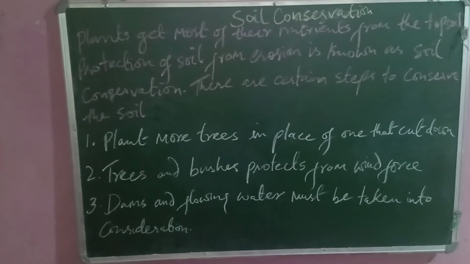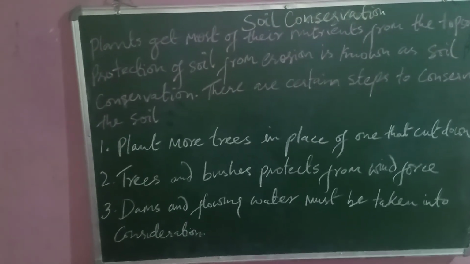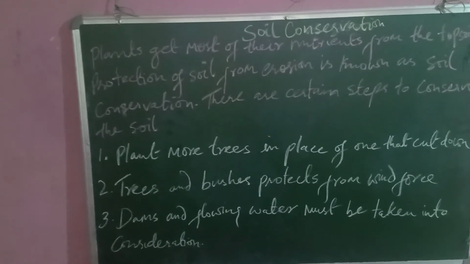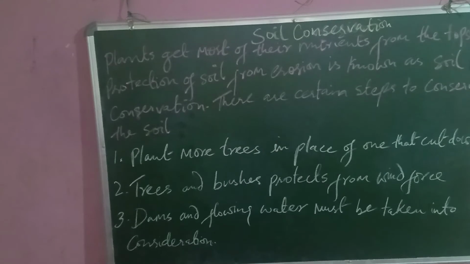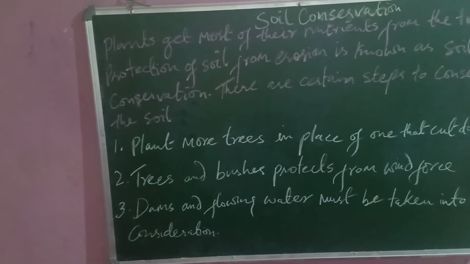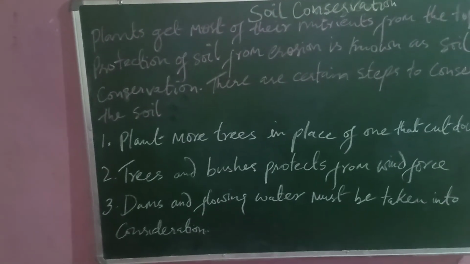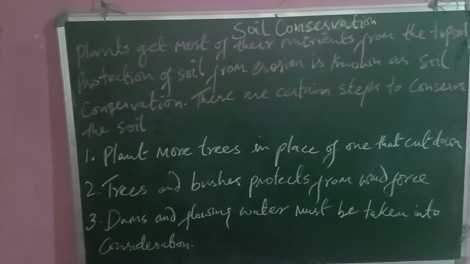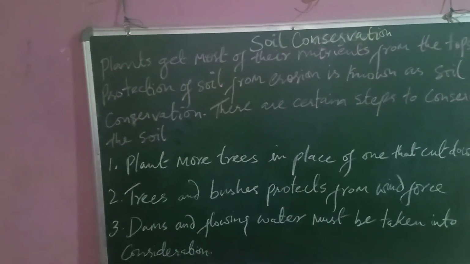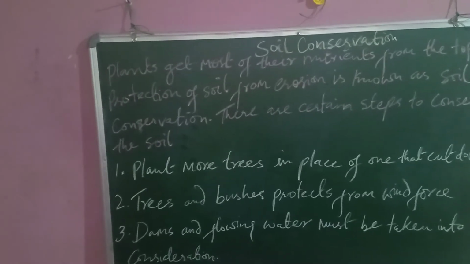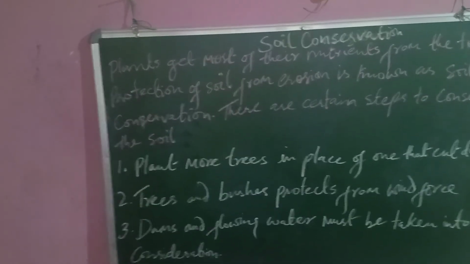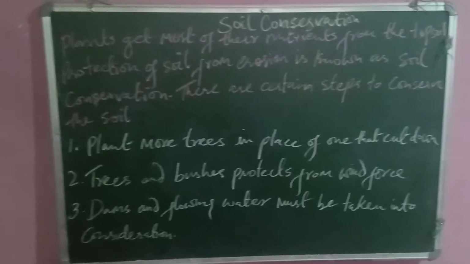More trees should be planted to replace the ones that were cut down, and trees and bushes should be planted in open land. This practice does not allow the wind to blow with full force and take away the topsoil. Flowing water can easily wash away lots of topsoil. Dams should be built across rivers to prevent floods.